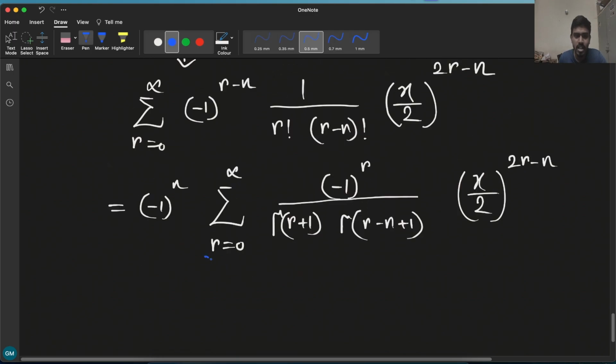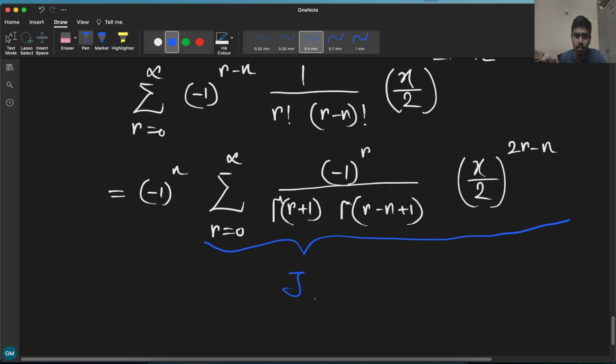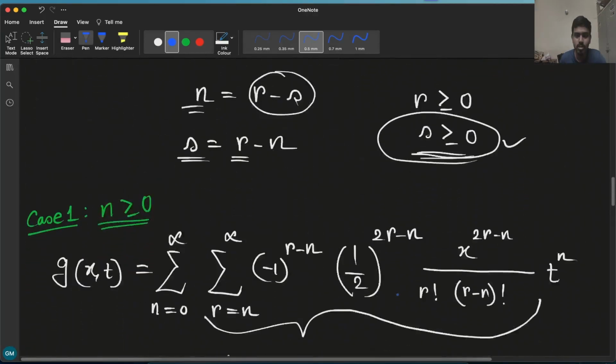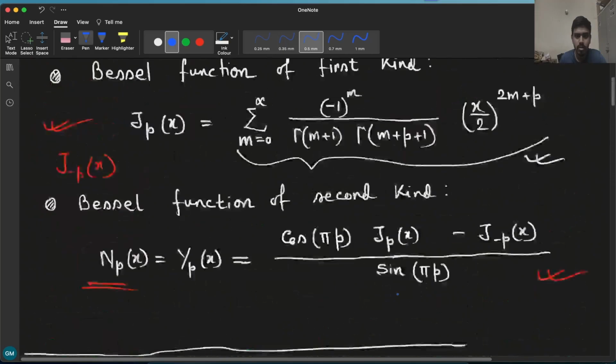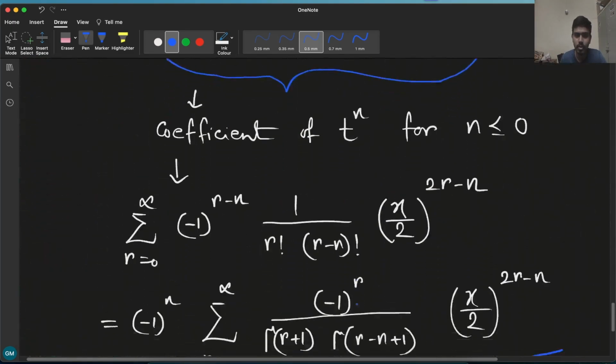If you can recognize this function, it is nothing but J of minus n x. So J n x was this function J p x, and if I put minus p instead of p, then I will get this. Here I am writing n instead of p.